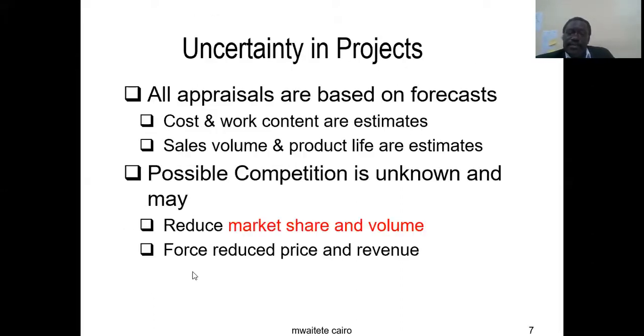Most projects are characterized with uncertainties. You should remember, when we appraise our project, we are appraising based on the forecasted estimates, of which the future is not certain because it is based on assumptions.